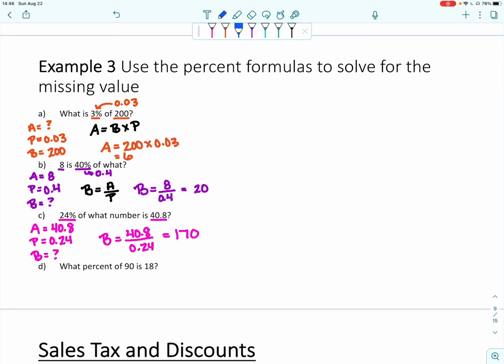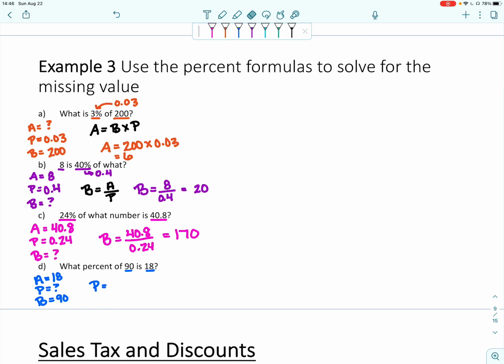And then our last one, what percent of 90 is 18? So now this one, we're being asked to find the percent. So of 90 is 18. 18 is the amount, and 90 is the total.